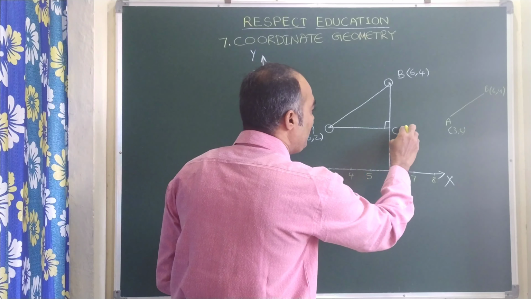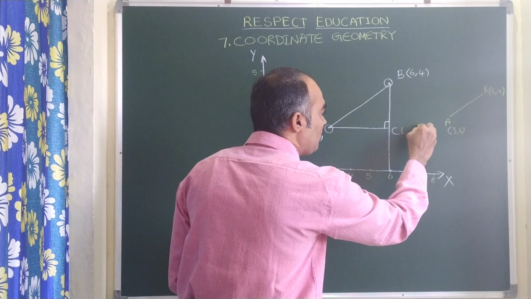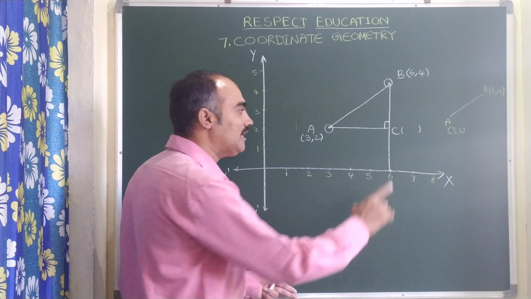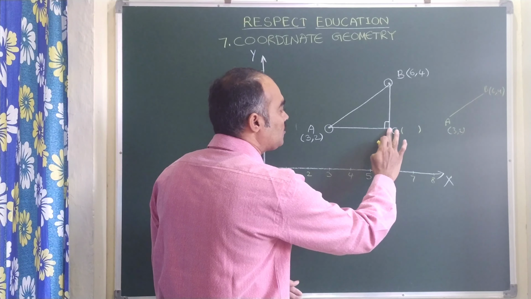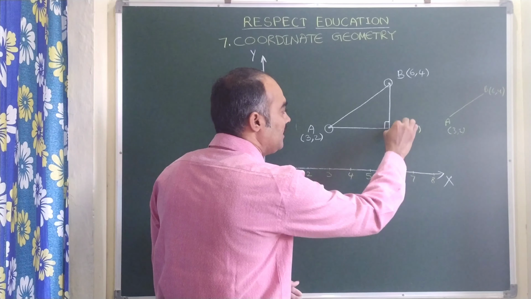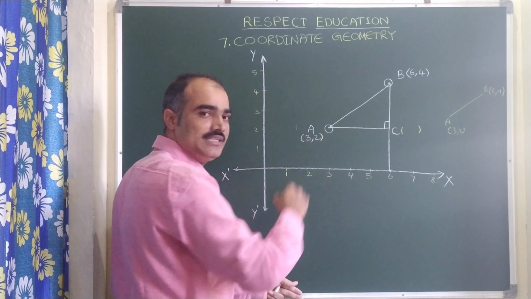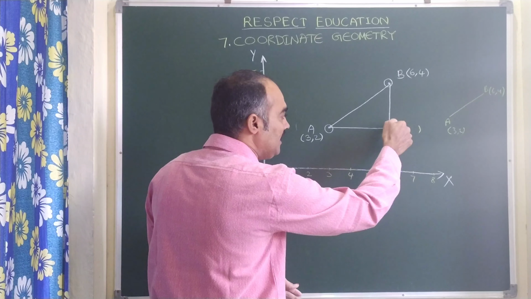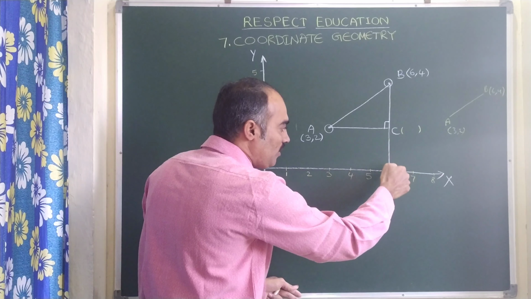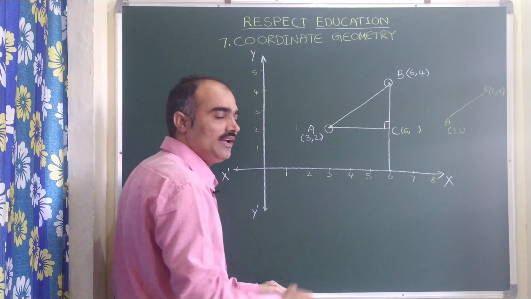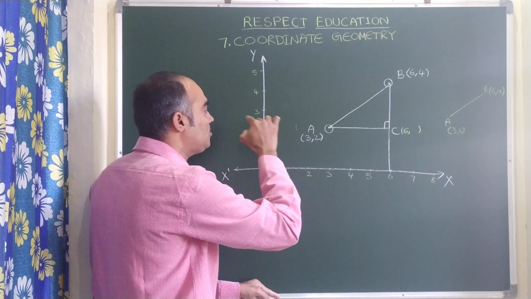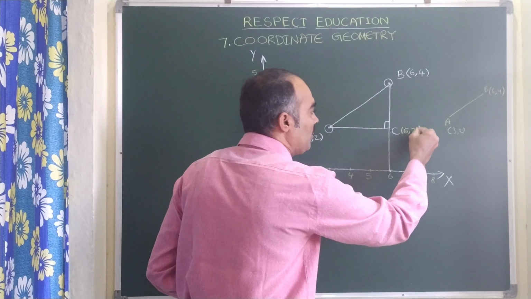Can we guess the ordinates, that is the x coordinate and y coordinate, of C? For the point C, the corresponding x value is 6 and the corresponding y value is 2. So C is (6, 2).